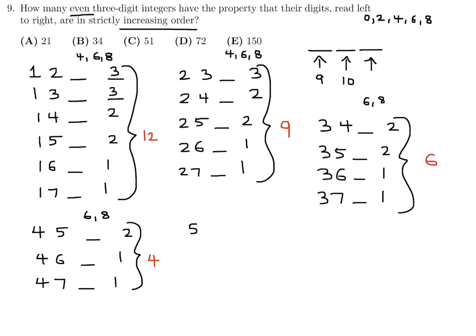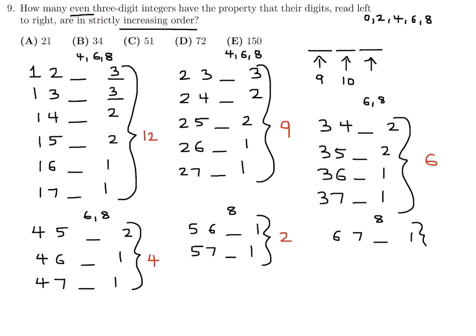For 5, 6, 7, or 8, but it has to be an 8. So that's only 1. And then for 5, 7 has to be an 8, so that's only 1. So that is only 2 more. And the last one is 6. 6, 7, the last digit can be an 8, and that's the only choice, and that's it.